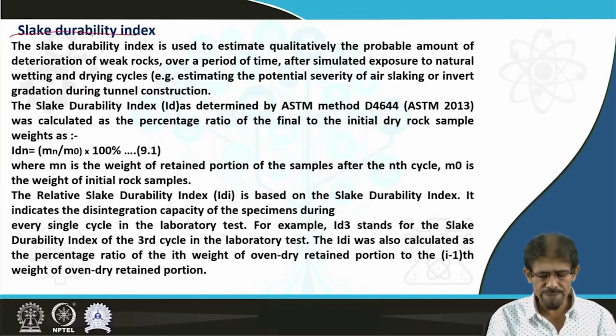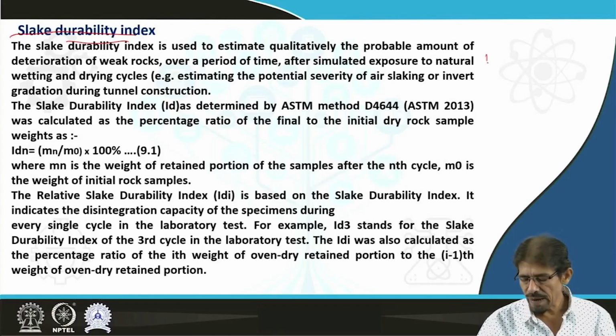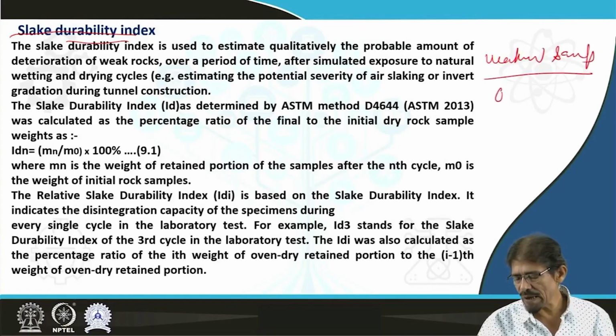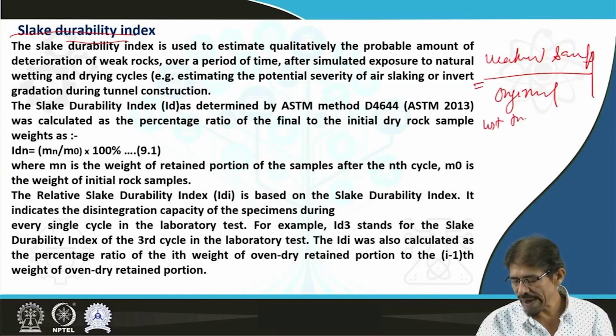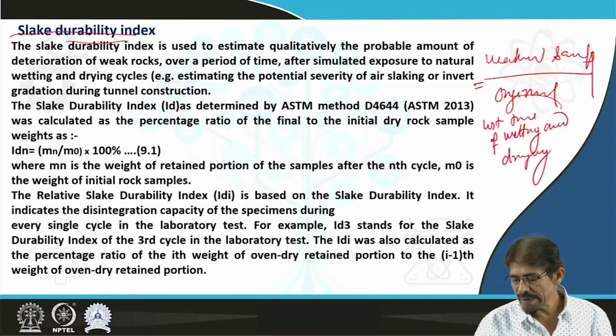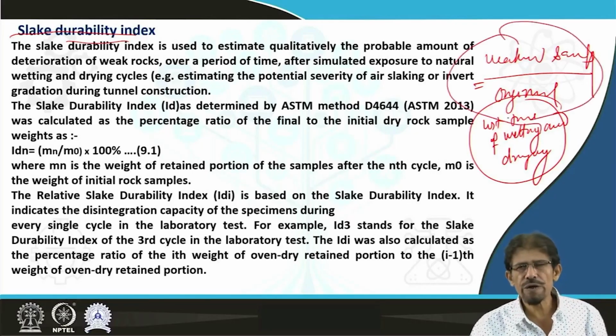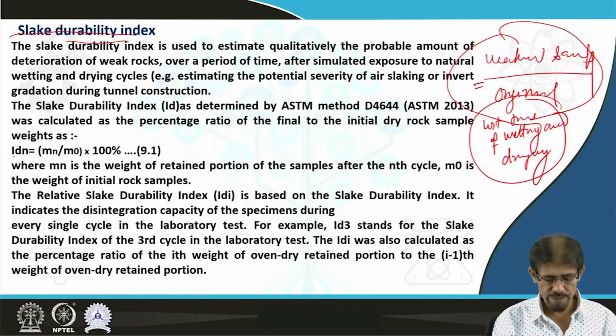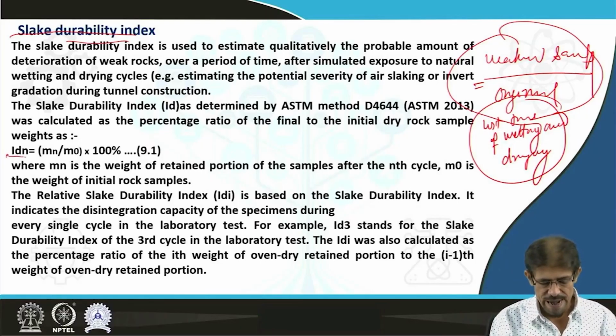The slake durability index is very simple. It is a ratio of the weathered sample divided by the original, with respect to the time of wetting and drying. So we put in a number of cycles to recognize the weathering index in the form of the slake durability index.